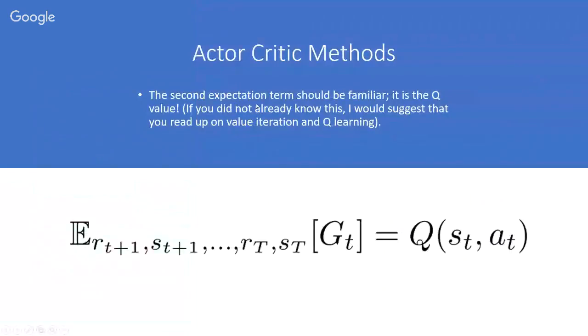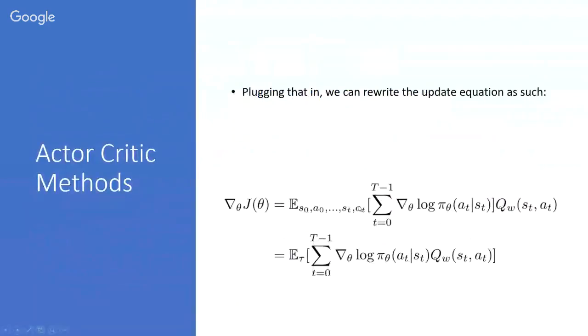The second expression should be familiar: it is the Q value. If you did not know this already, I would suggest that you read up on value iteration and Q-learning. Plugging that in, we can rewrite the update equation with the Q value, which gives us an actor-critic method.